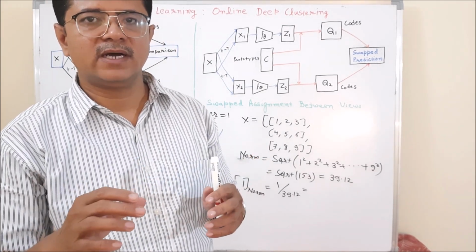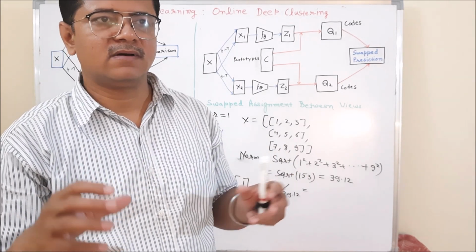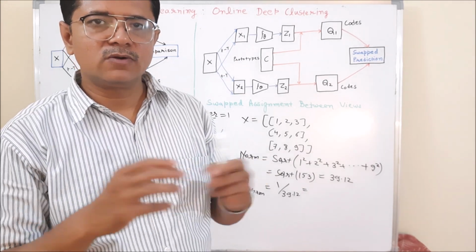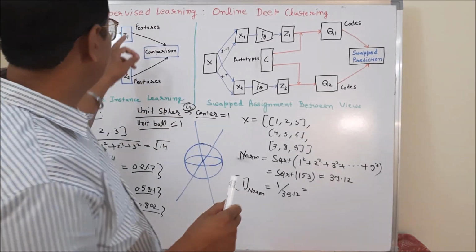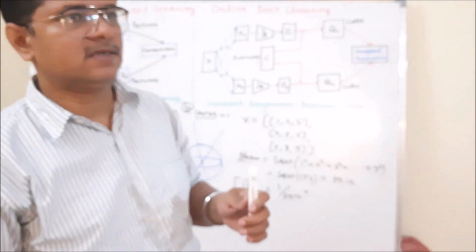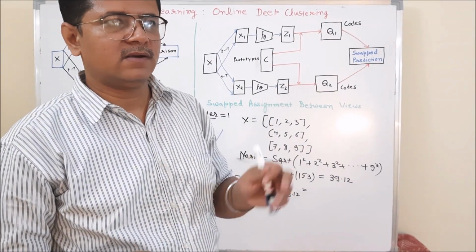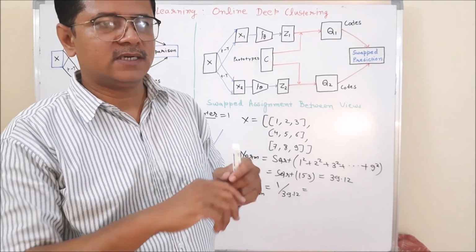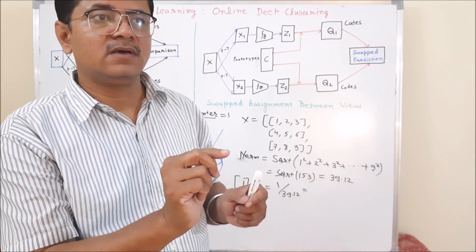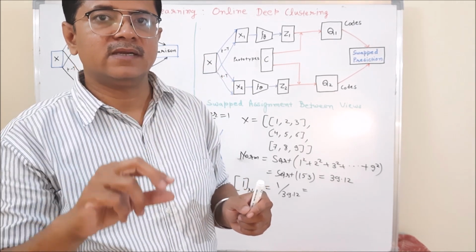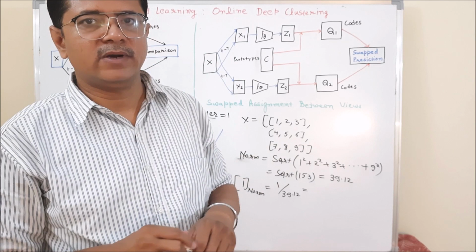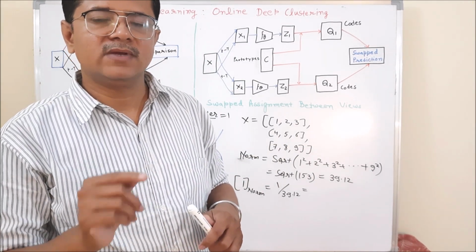Due to different contrasts or maybe different color depth, you will get different scales, and due to those different scales, when you try to learn comparisons in contrastive representation learning or similarity-based representation learning, the system will also start focusing on the numerical scales, like numbers or distances. They start learning those things, and due to that you will get poor accuracy.